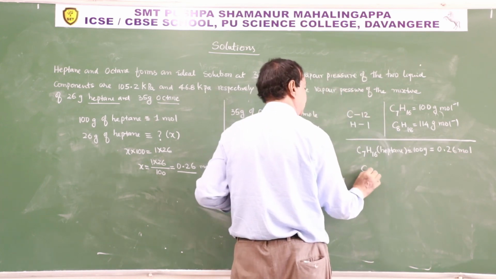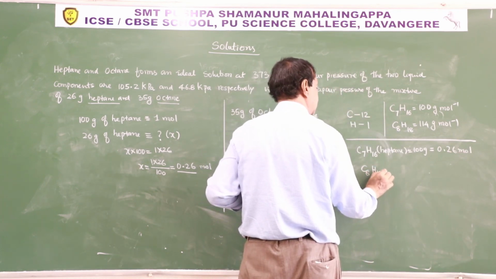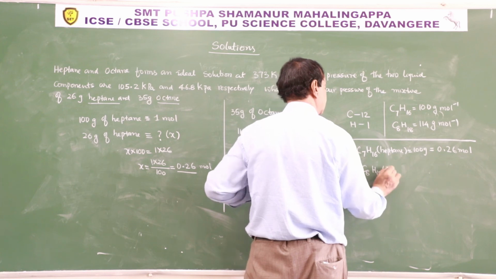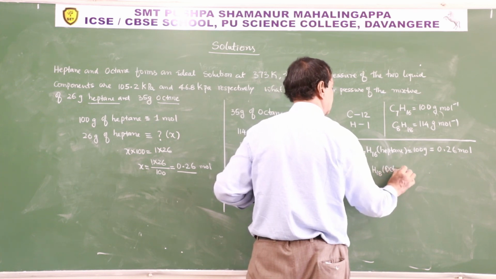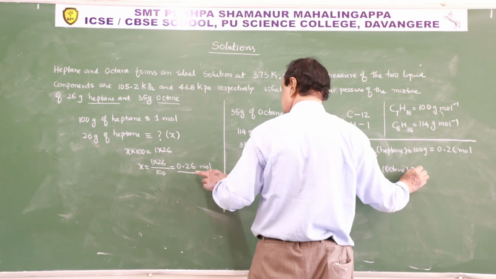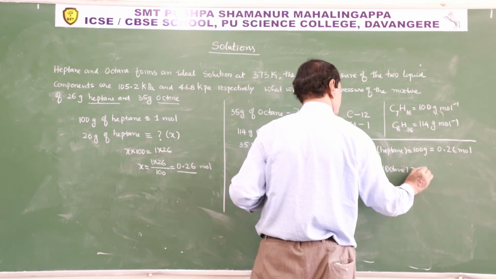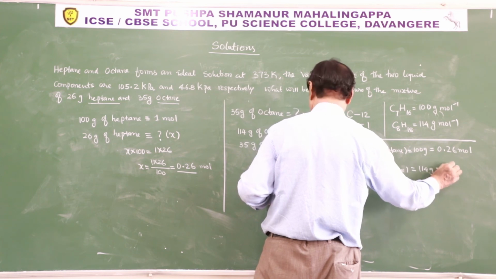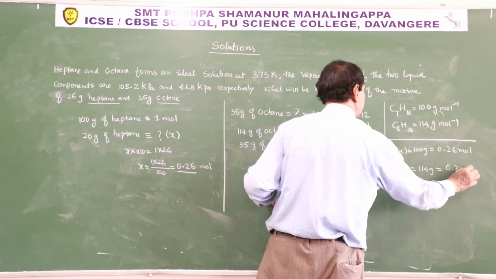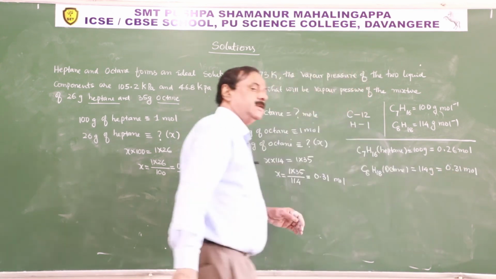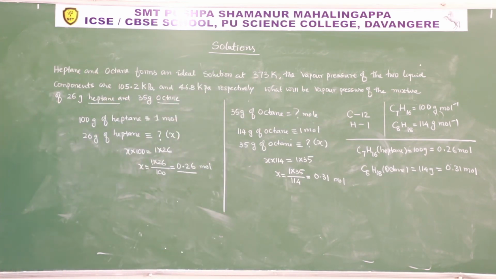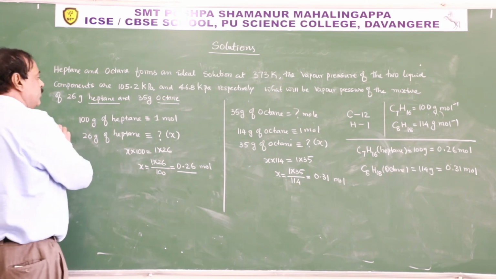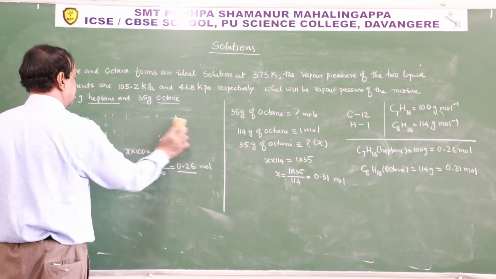Similarly, octane C8H18, 35 gram, is equal to 0.31 mole. Now we can calculate the mole fraction of the heptane separately and mole fraction of the octane separately.